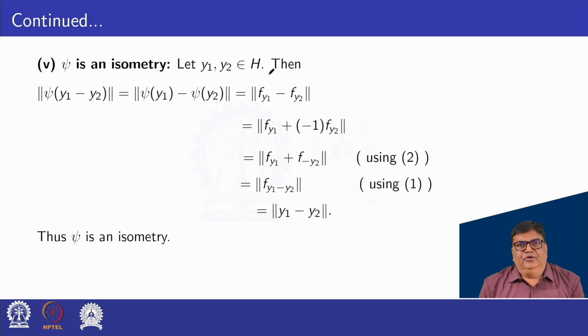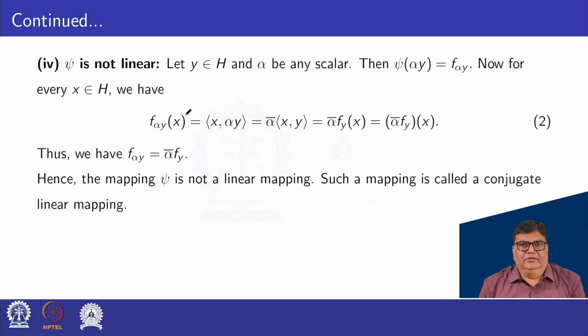Fifth, psi is an isometry. Let y1, y2 belong to H. Then the norm of psi(y1 − y2) can be written as the norm of psi y1 minus psi y2. Here, if alpha is equal to 1, then f_{1y} is equal to 1 times f_y.